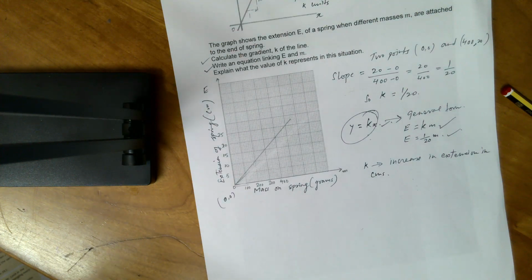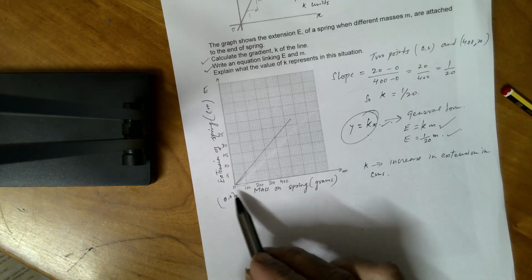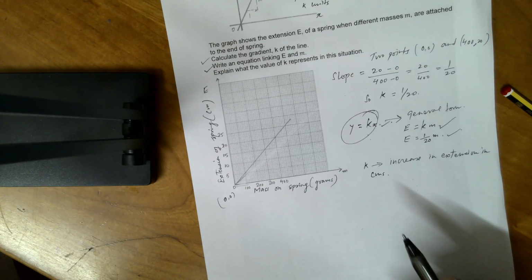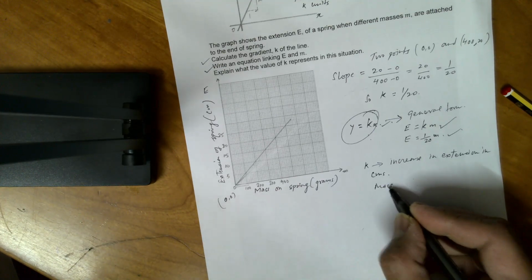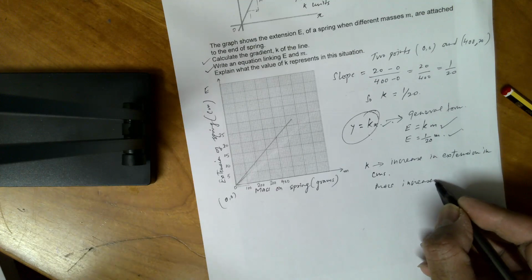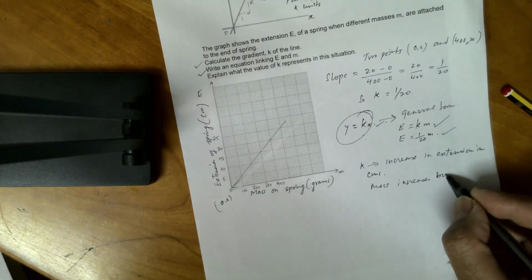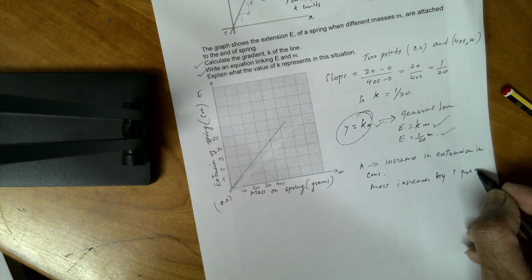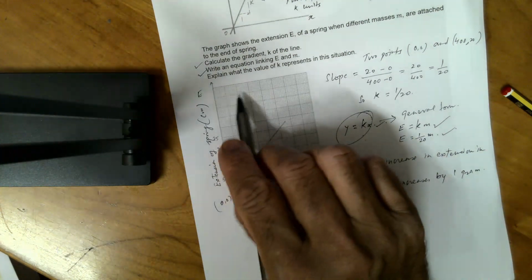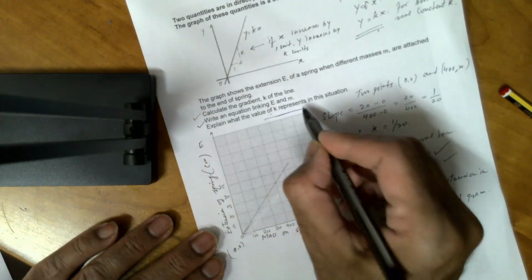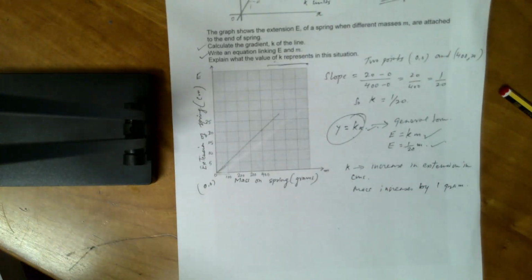You just need to write that down as well, and where the mass increases by 1 gram. That will explain what the value of K represents in this situation. This is what we have explained here.